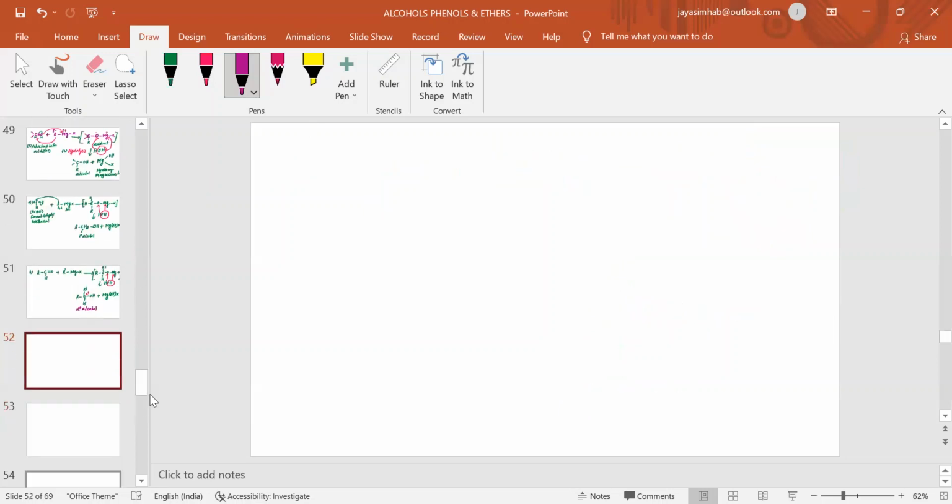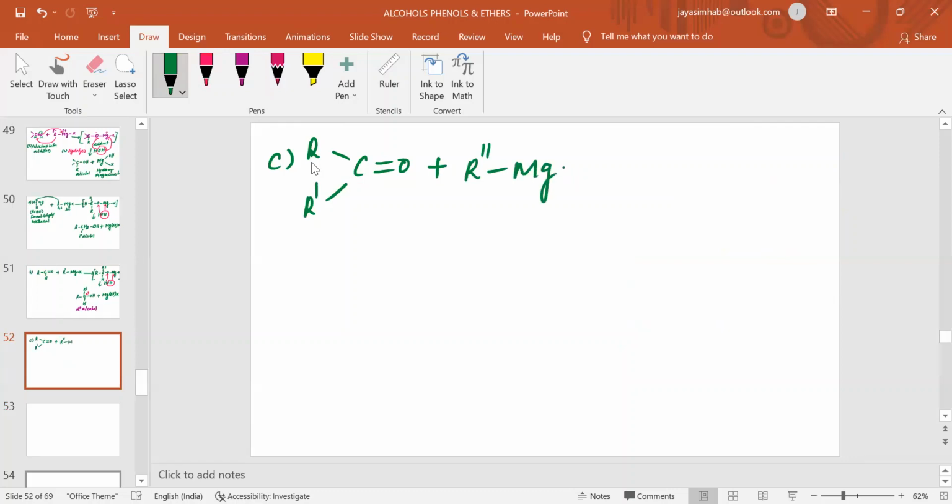Finally we'll see, if you use a ketone, what will happen? C double bond O with R and R prime, plus R double prime MgX. To show the difference between the alkyl groups, we are writing like this. Nucleophilic addition of the ketone with RMgX will form an adduct definitely.